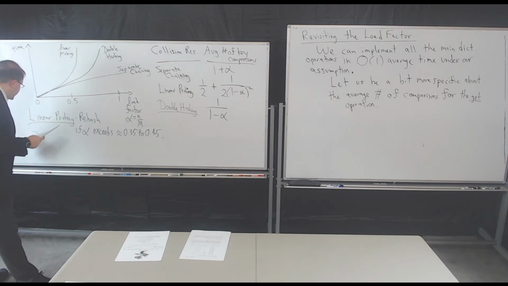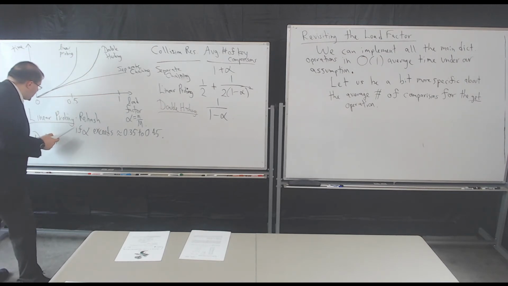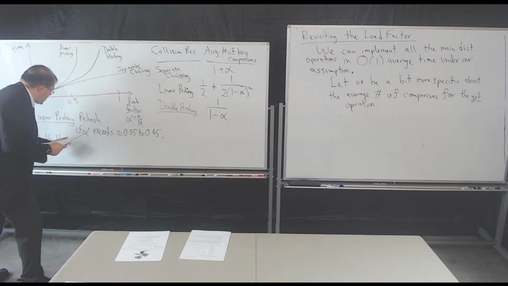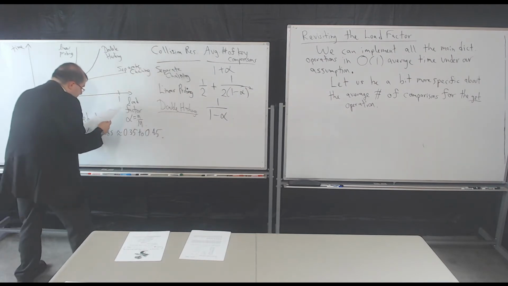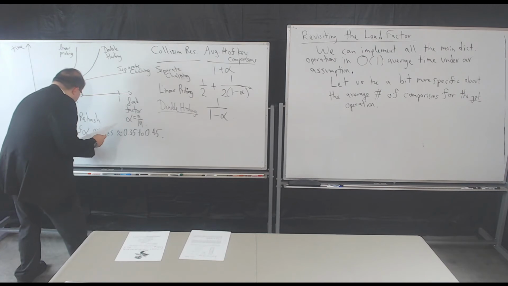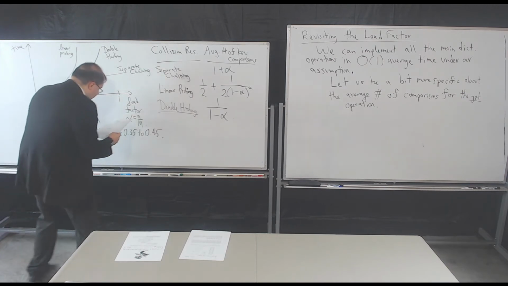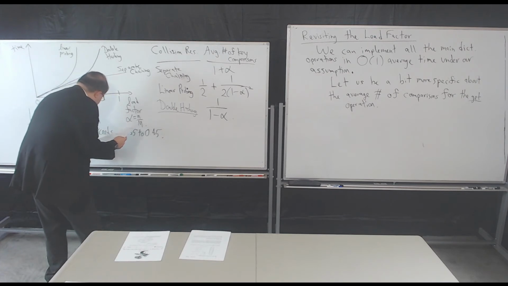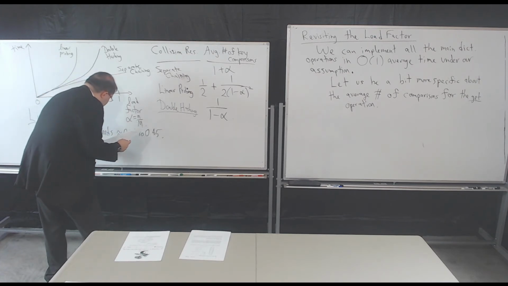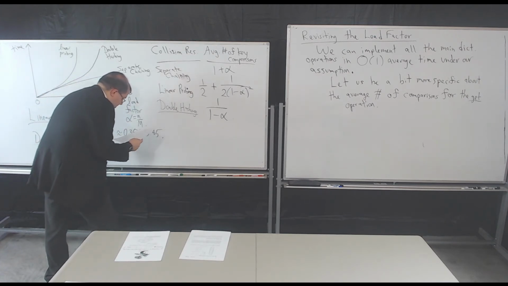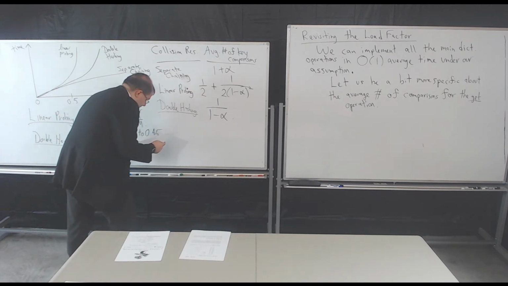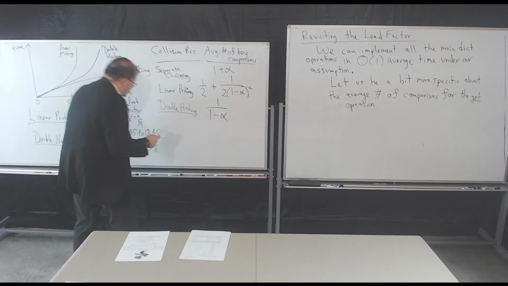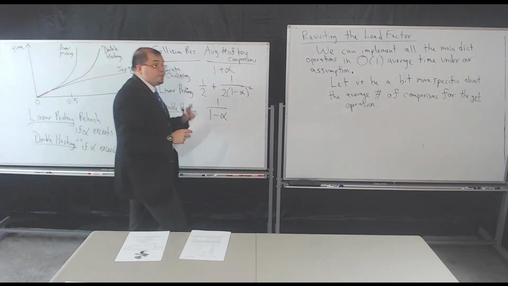And for double hashing, you might want to rehash if alpha exceeds approximately 0.5 to 0.6. So keep in mind how much space you have for your application.